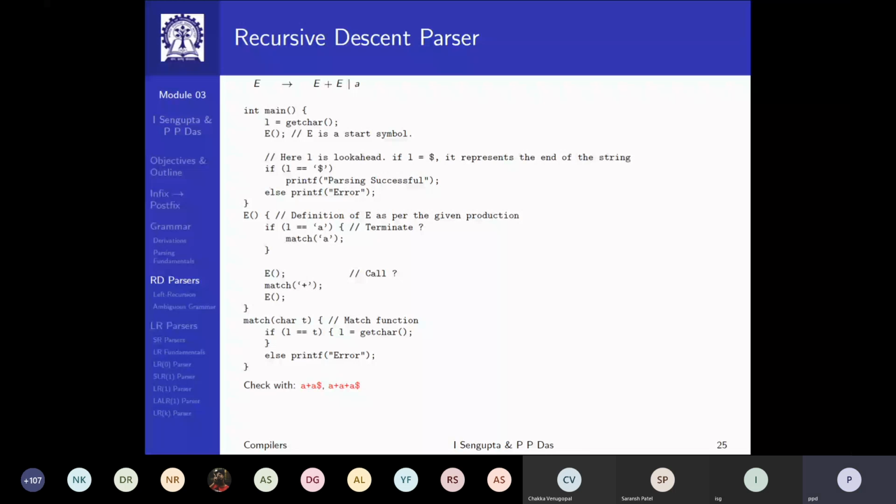Now, when I say this, you should also be very careful to remember that a recursion is not always direct.